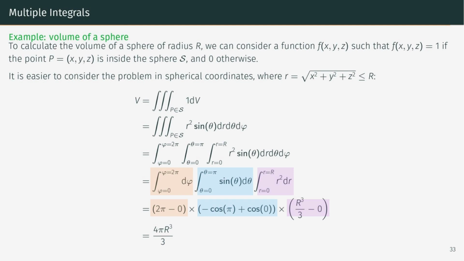We then need to add boundaries of integration such that we get the integral from phi equals 0 to phi equals 2 pi, the integral from theta equals 0 to theta equals pi, the integral from r equals 0 to r equals R of r squared sine of theta dr d theta d phi.